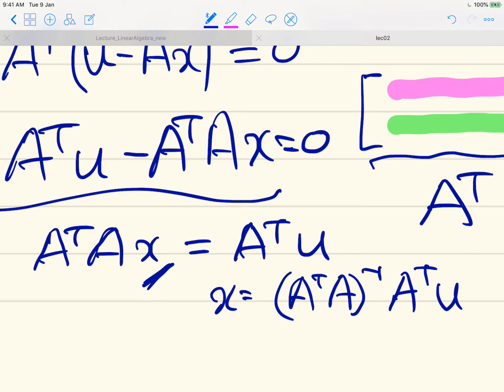In that case, we cannot represent x in this form because this matrix is not invertible. But in practice, you don't need to worry about it.